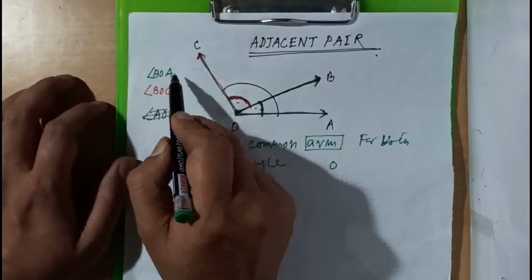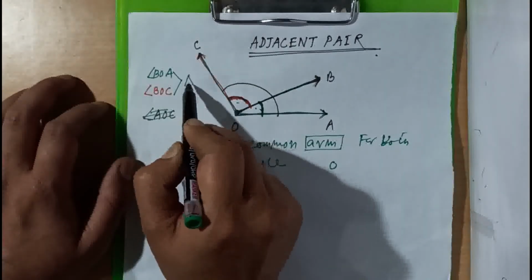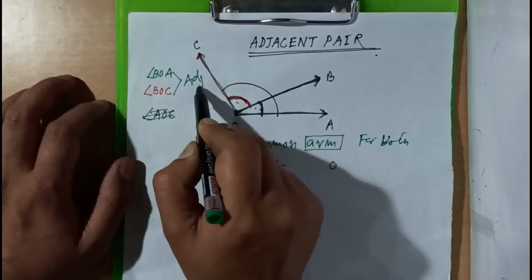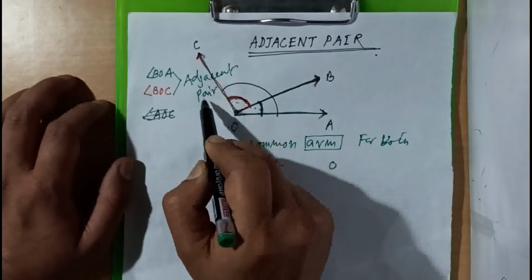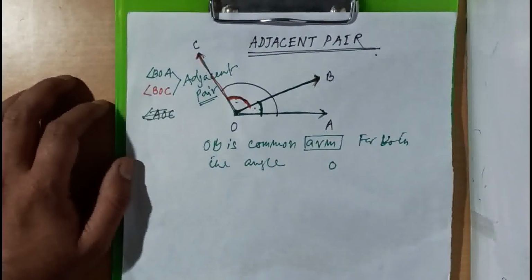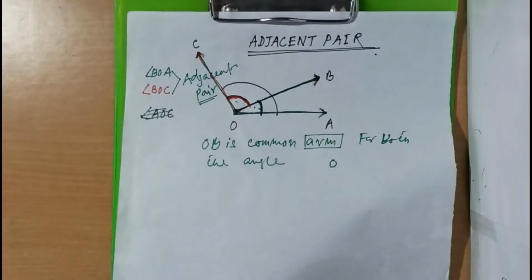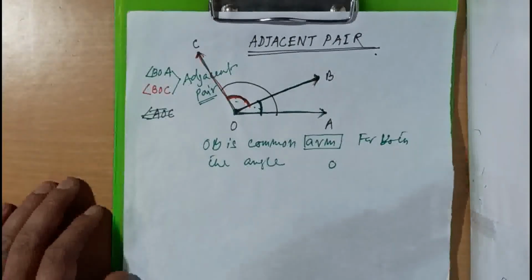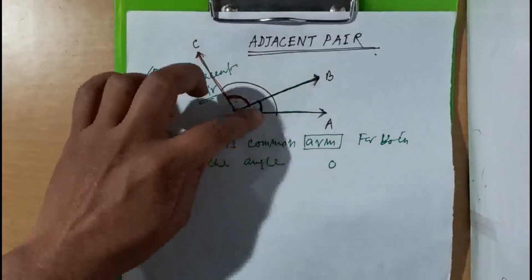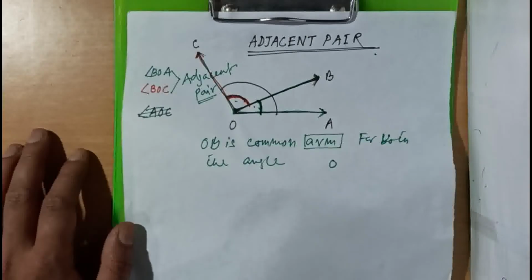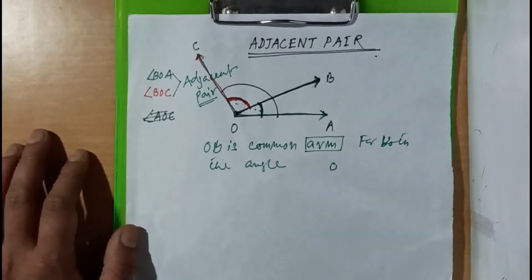You can say that these two angles are an adjacent pair. They are adjacent angles, like adjacent rooms. When two rooms are adjacent, they share one wall. Similarly, when two angles are adjacent, they share their arm as well as their vertex.